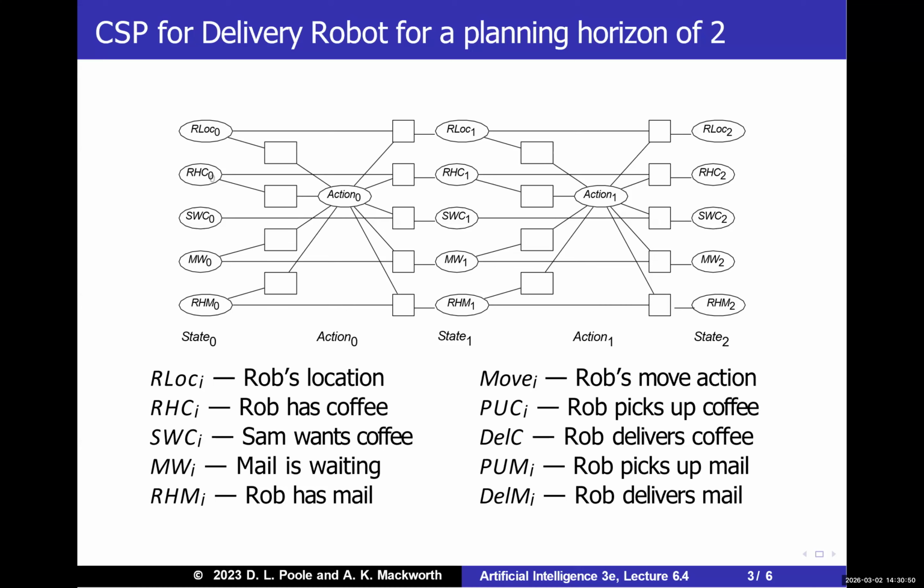We are asking, is there an assignment to all of these variables that satisfies the constraints? If such an assignment exists, then the sequence of action variables across time steps constitutes a valid plan. The key idea here is that we have transformed a sequential search problem into a global constraint problem over time-indexed variables.